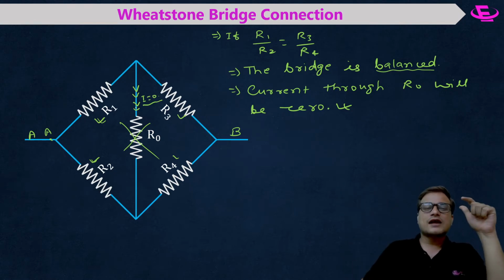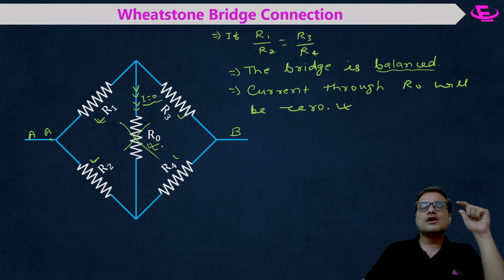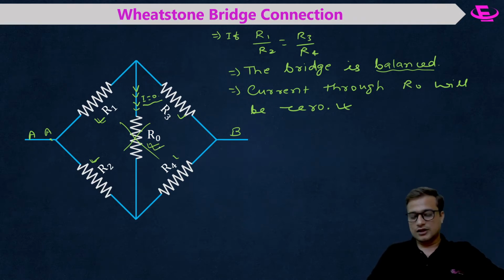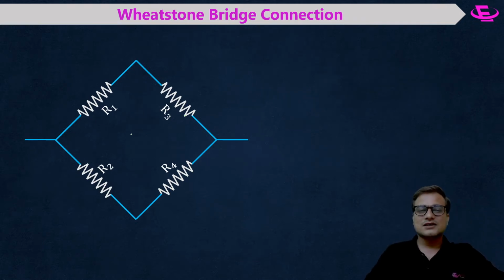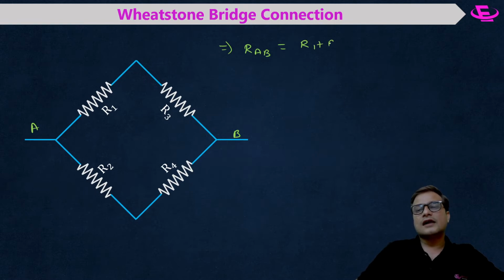So now you are the captain of this circuit. You will remove this R0 resistor. So the circuit will become like this. Now if you have to calculate R equivalent, that means RAB, what will be the value of RAB? RAB will be equal to R1 plus R3 parallel to R2 plus R4.